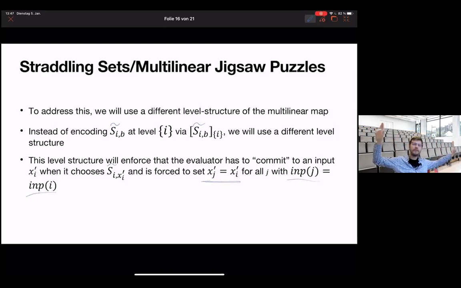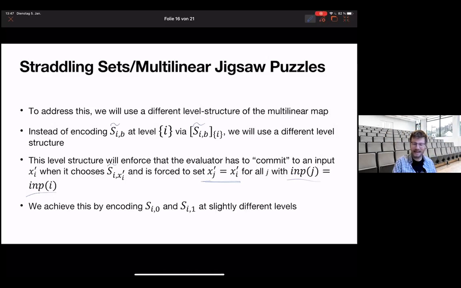So whenever imp(i) equals imp(j), you have to provide the same input, or the level structure will forbid you to do evaluation. Let's see how we can do this.